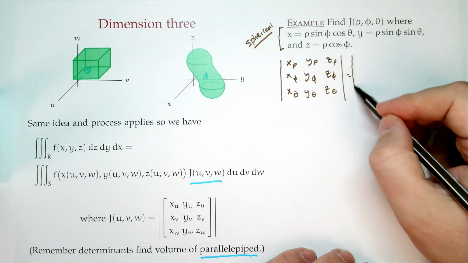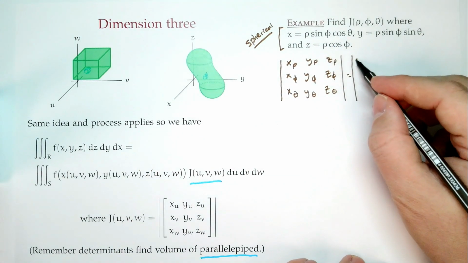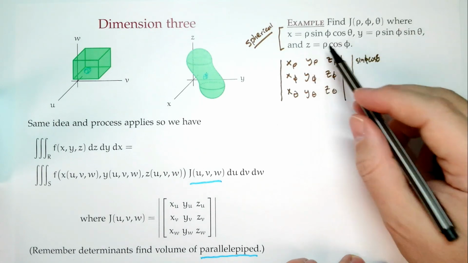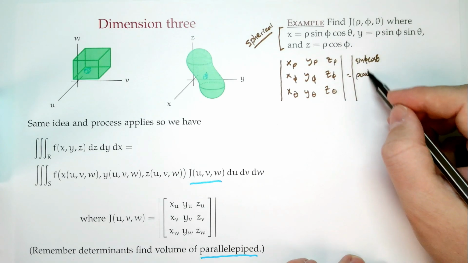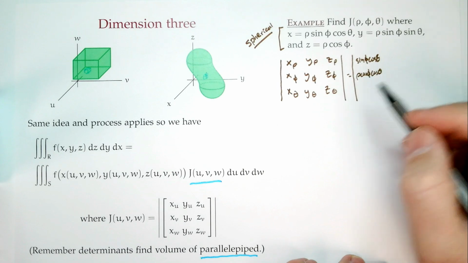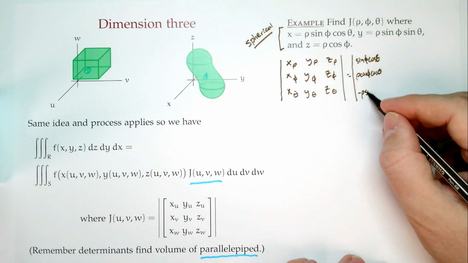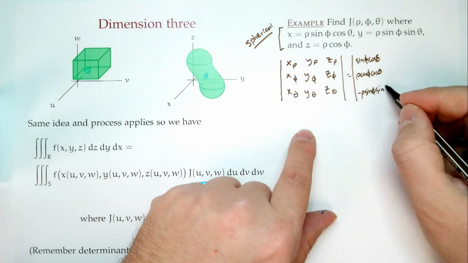It's going to be 3 by 3. So I'm going to take the derivative with respect to rho. Well, we'll get sine phi cosine theta. X with respect to phi, that'll be rho cosine phi cosine theta. X with respect to theta, minus rho sine phi sine theta.